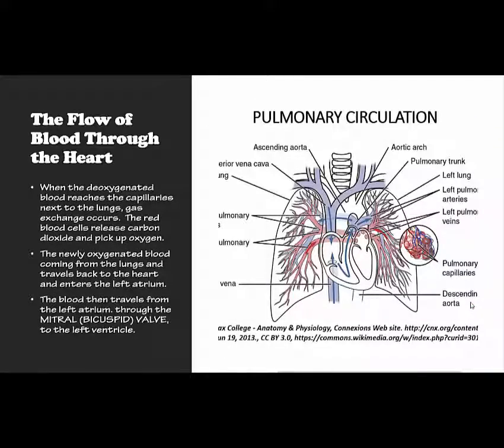When that deoxygenated blood reaches the capillaries next to the lungs, gas exchange occurs. The red blood cells release carbon dioxide and pick up oxygen. The newly oxygenated blood coming from the lungs travels back to the heart and enters the left atrium. The blood then travels from the left atrium through the mitral valve or bicuspid valve to the left ventricle.